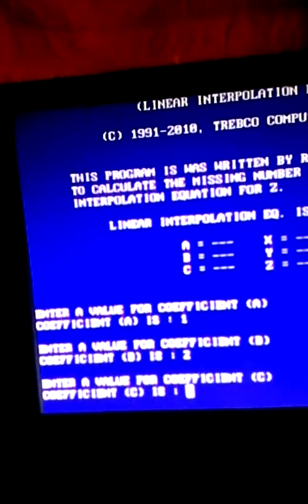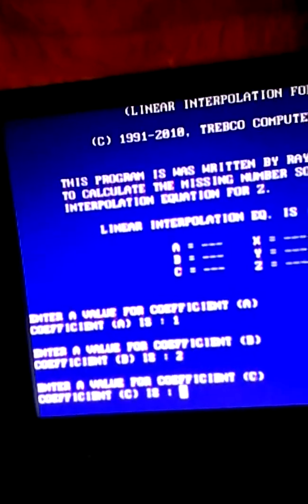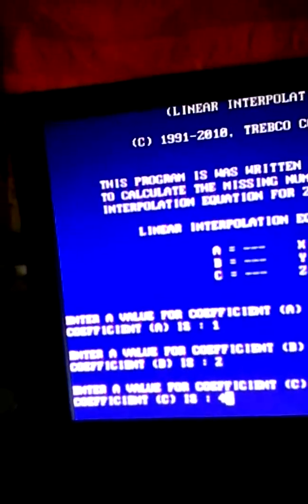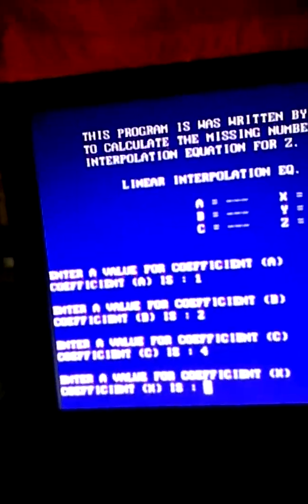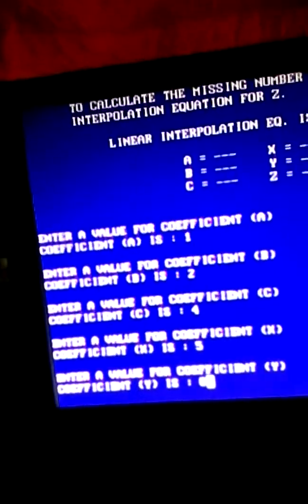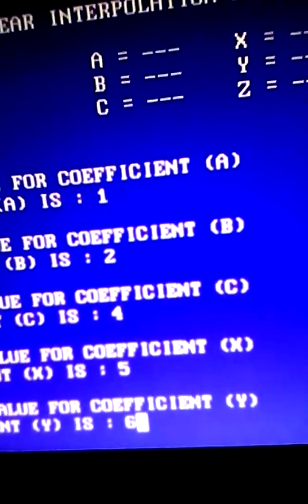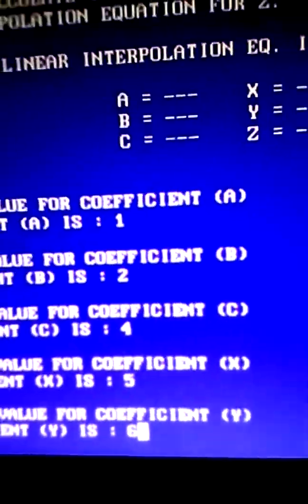We already know what the next number is going to be. So we're going to say 4, 5, and 6. So what numbers are we missing? We got 1, 2, 4, 5, 6. What number are we looking for? Huh?